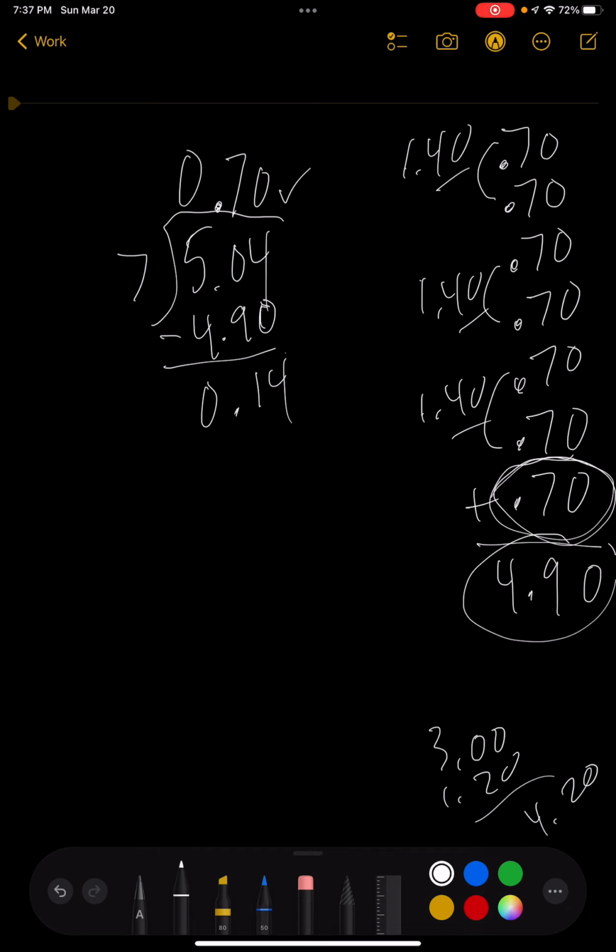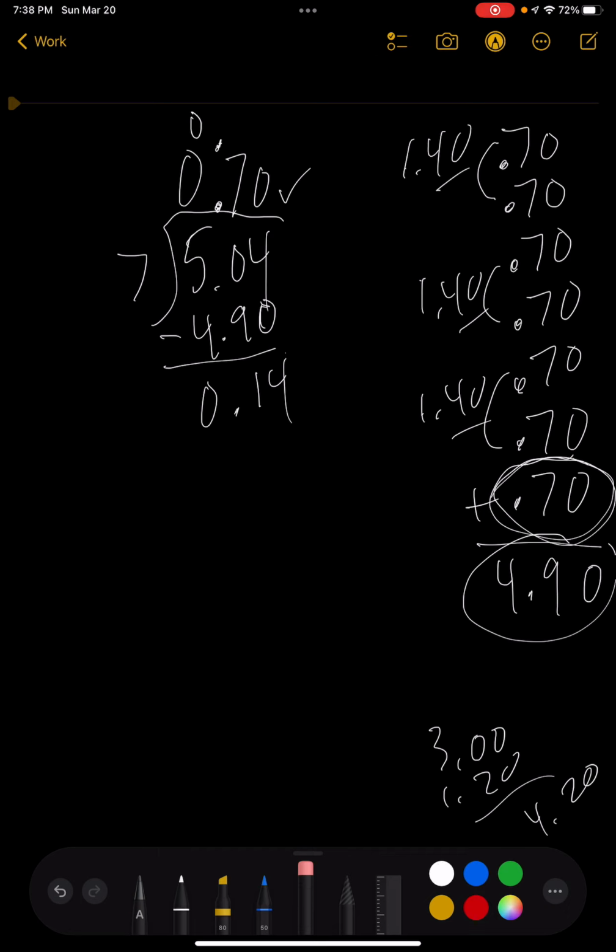So now we're asking about how many 7s can go into 14 cents. Well, that sounds silly, doesn't it? Not even 1 can go into 14 cents. But if we're using partial quotients, we can talk about what will.